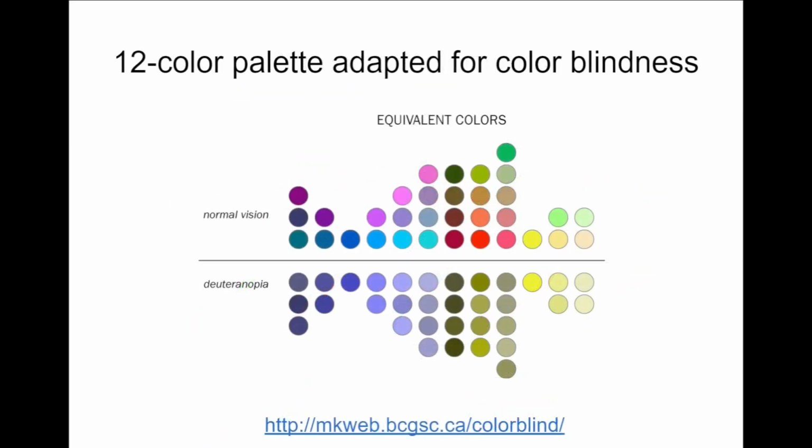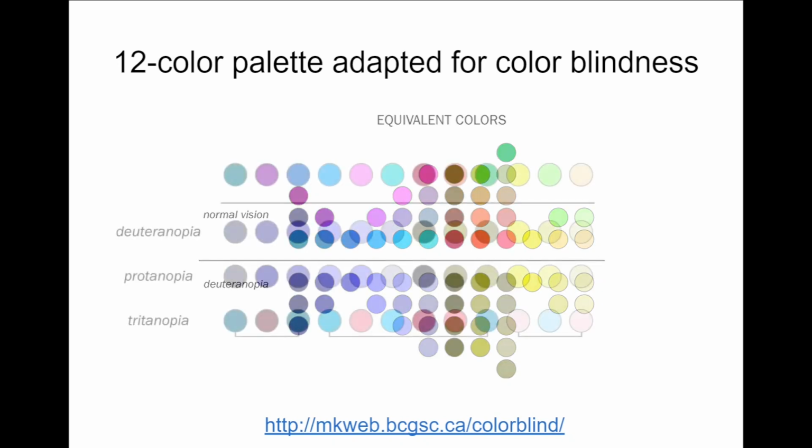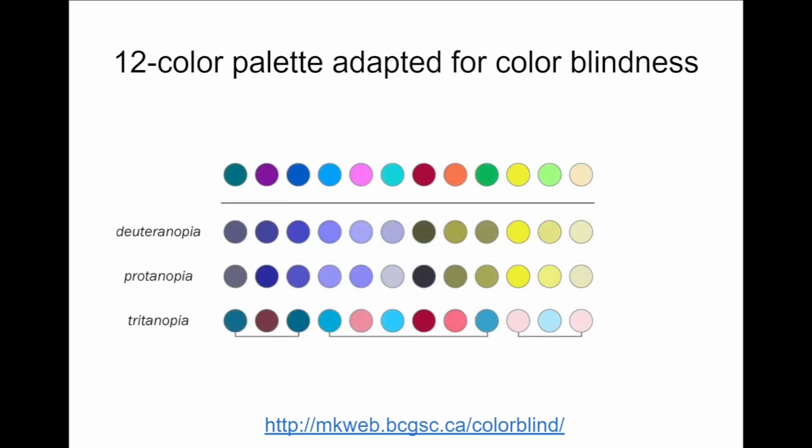For accounting color blindness, you can go to this webpage and it will present a palette very well and very carefully choosing sets of colors which you can safely use, and all your readers will distinguish the colors. Here is how it will look.